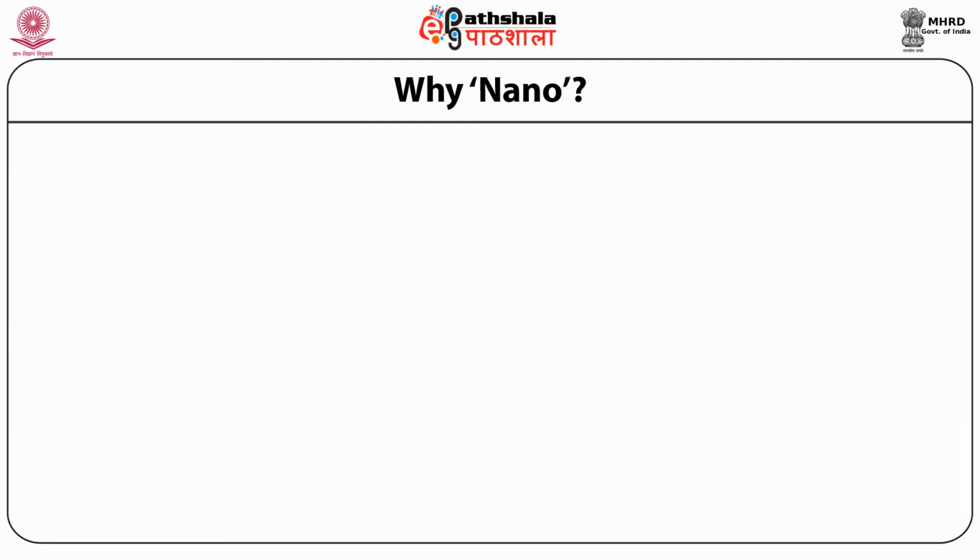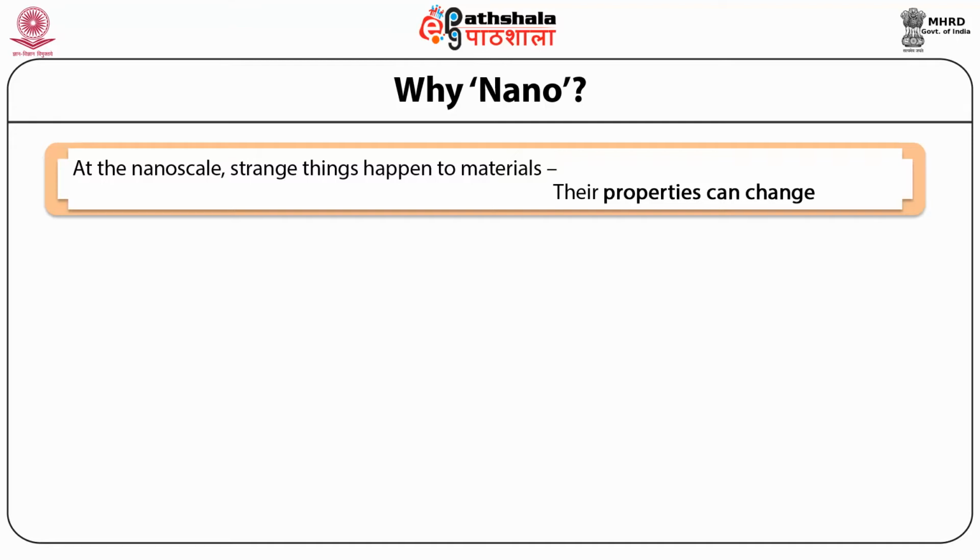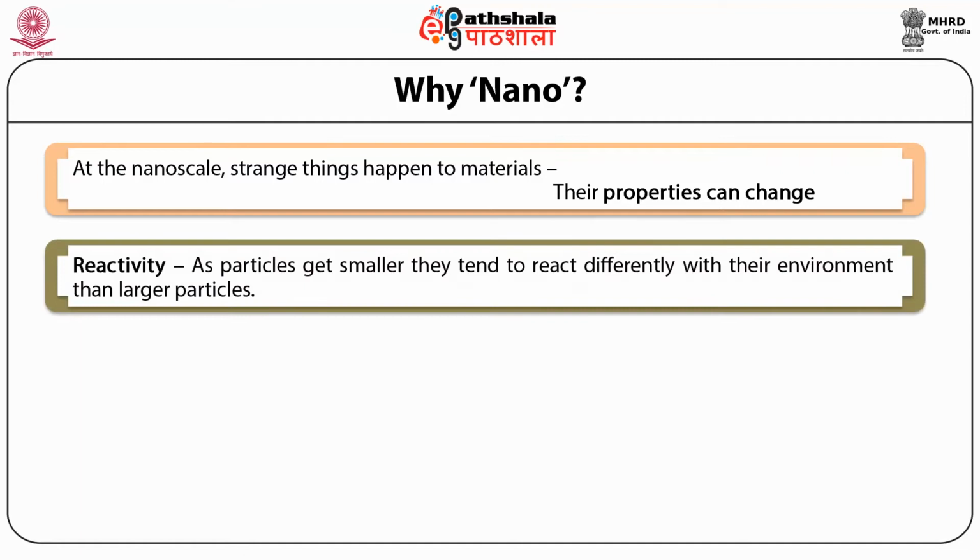Now, students, the question arises, why nano? At the nanoscale, strange things happen to the materials. That is, their properties change. So, what types of properties change? Reactivity. As the particles get smaller, they tend to react differently with their environment than the larger particles.